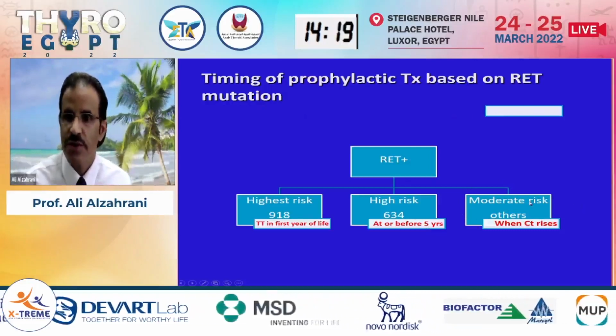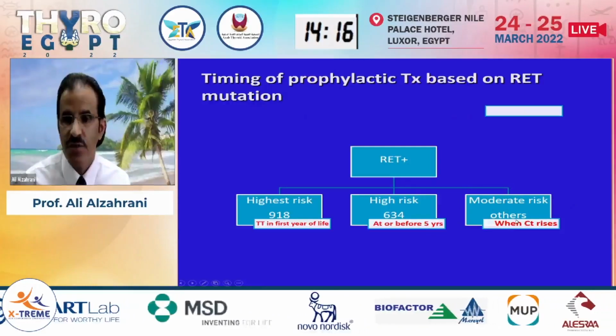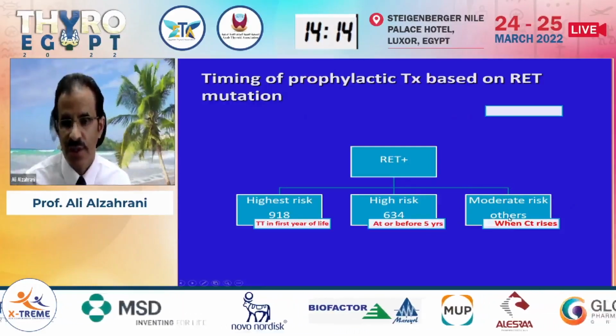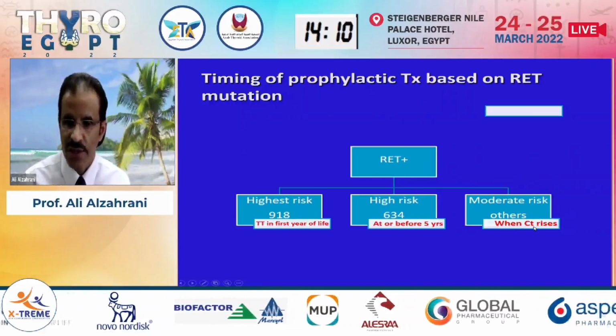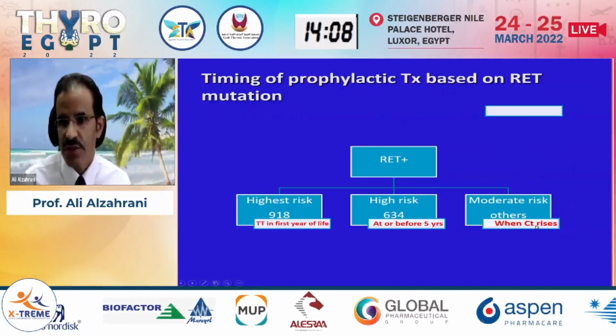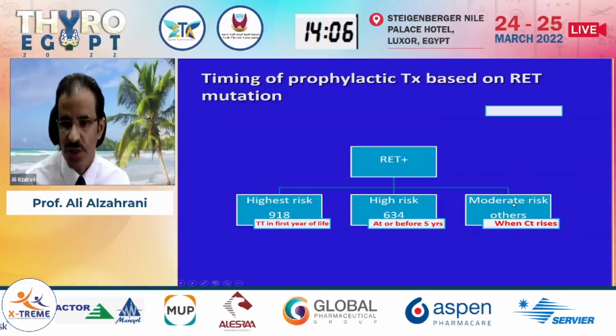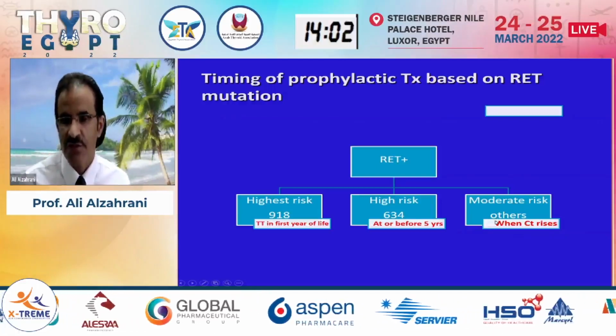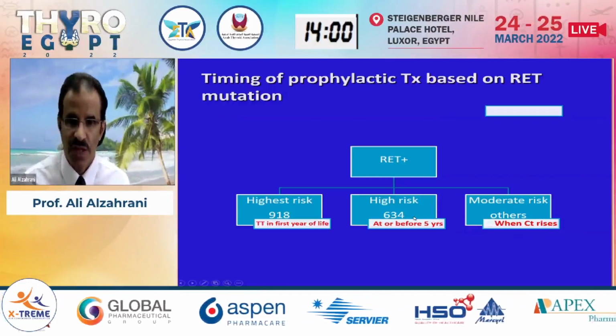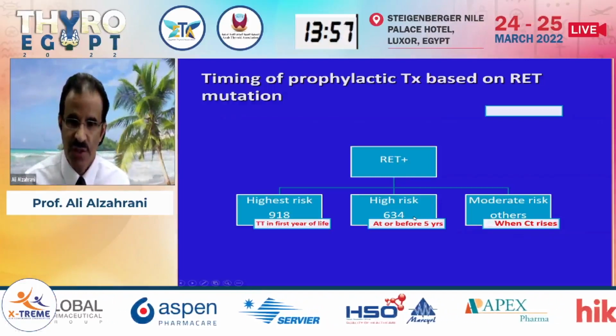They are moderate risk. And in this situation, you don't have to rush and do prophylactic thyroidectomy, but you need to follow those patients with annual calcitonin. And when the calcitonin starts to rise, you send those patients for thyroidectomy. But I think this is a very nice, very straightforward recommendation from the American Thyroid Association guidelines.